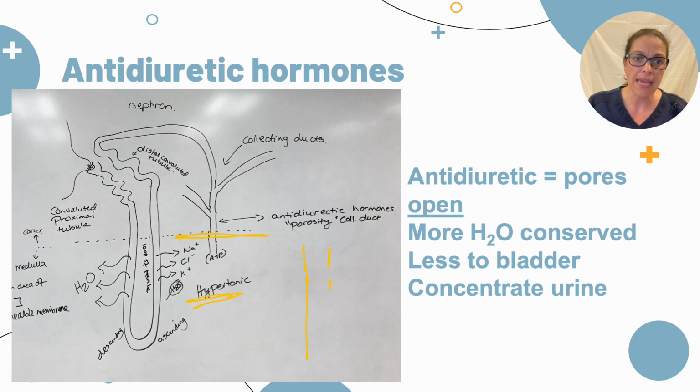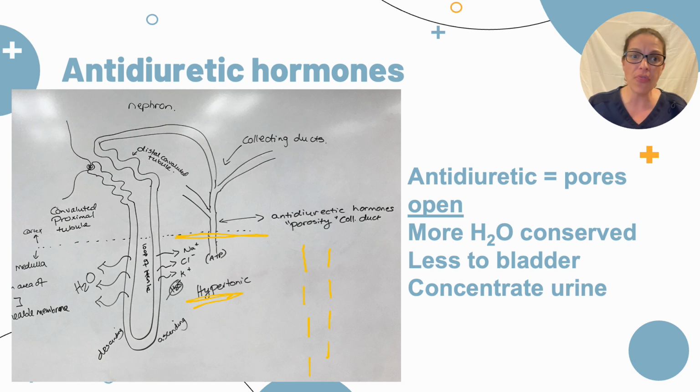All right, so in the collecting duct, there are going to be pores. These are holes, little openings, that are going to allow for the water to go back out and help to neutralize the saltiness of this medulla because it's going back through this hypertonic region.